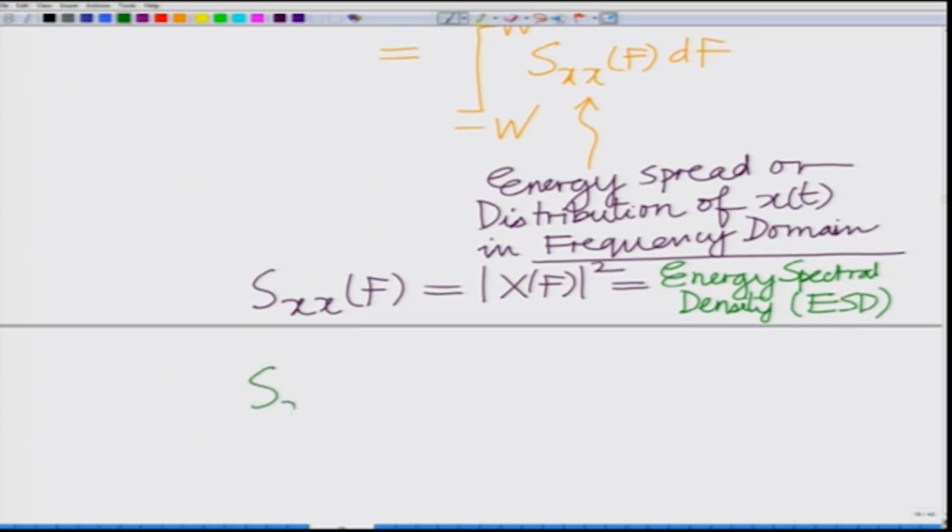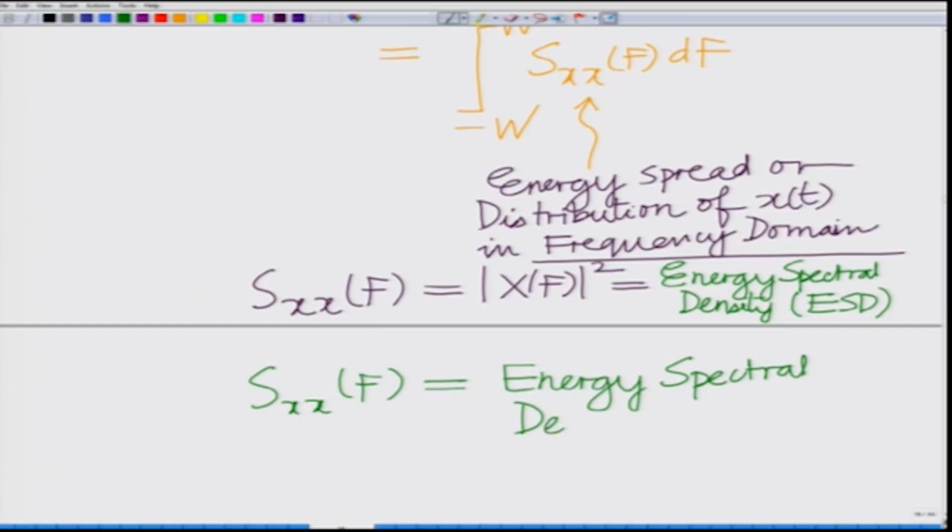Let me write it clearly: Sxx of f is the energy spectral density or the ESD. This is the energy spectral density of x of t, correct. It is giving the density of the energy of x of t in the frequency domain.